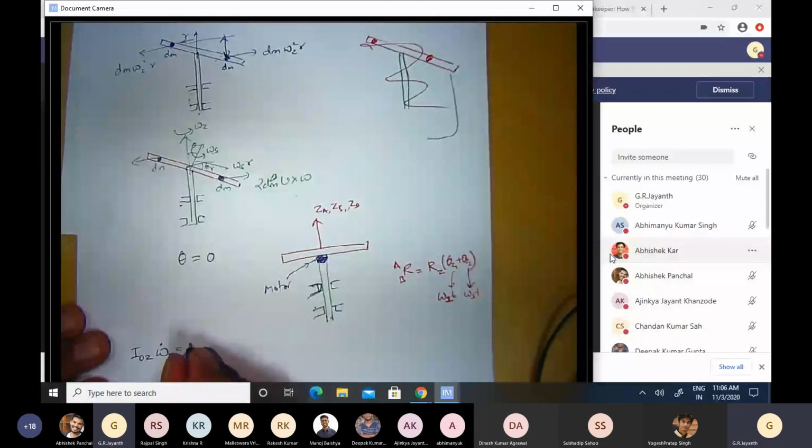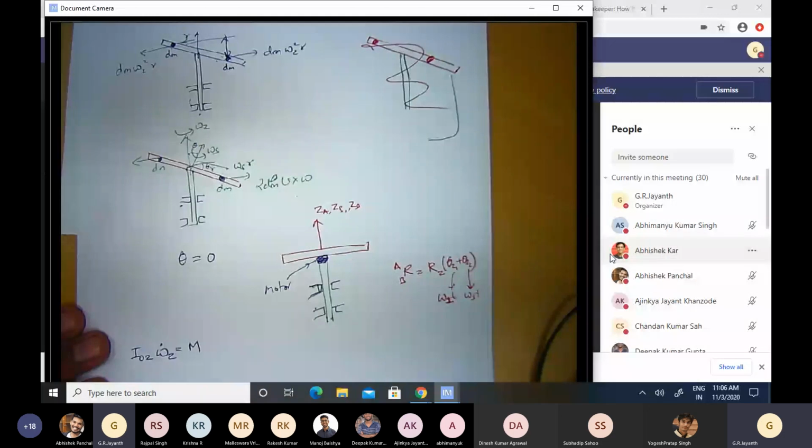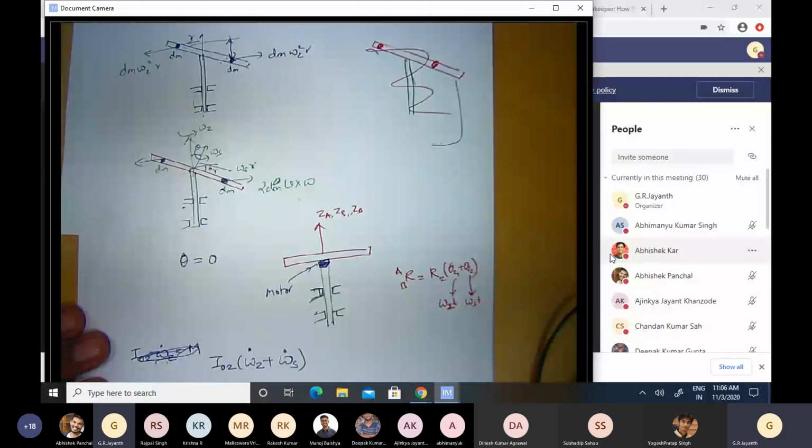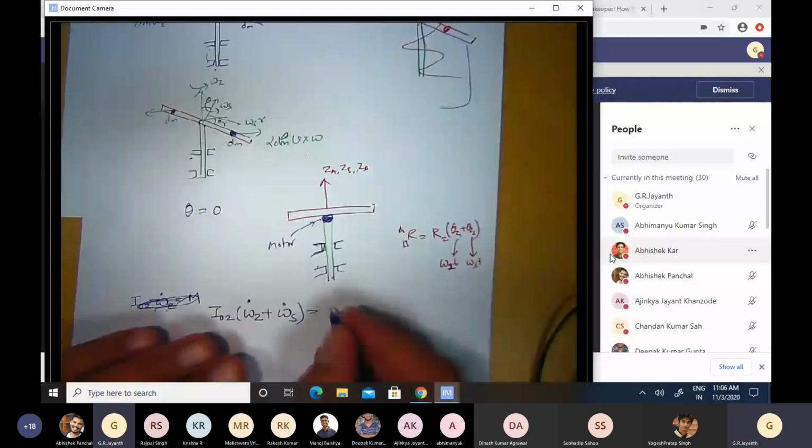But remember that omega z dot is not the absolute angular velocity of this plate. So I have to write I0z times omega z dot plus omega s dot. That's the total angular velocity. That should be equal to the moment applied by the motor to spin this plate.